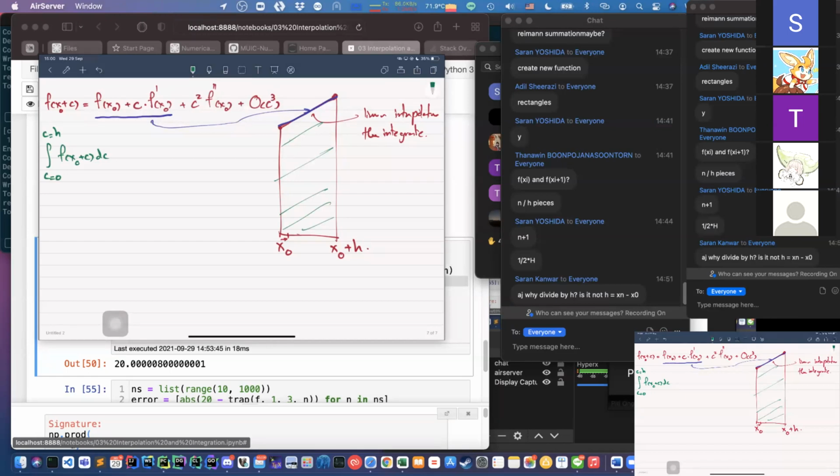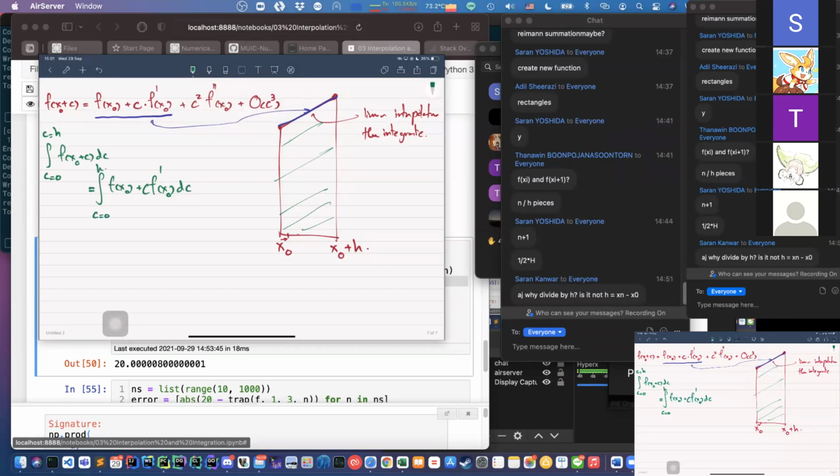On the right, we're going to do the same thing. It is equal to the integral of f of x0 plus c f prime of x0 dc, for c equal to 0 to h.